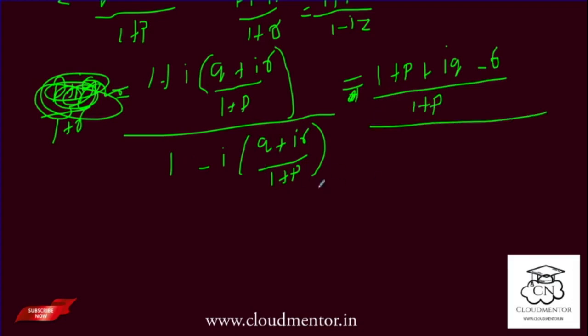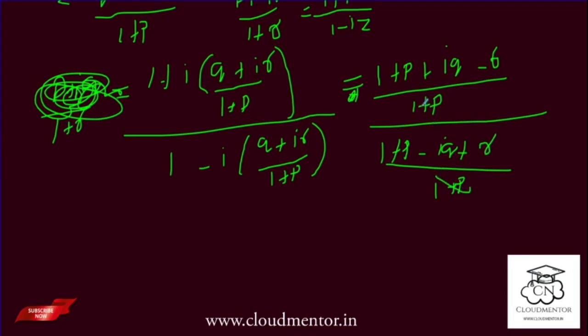Here I am taking LCM, that is 1 plus p, and here also it will be minus iq, and minus gone inside, that will be minus i squared. i squared is already minus 1, minus of minus plus, so plus r.